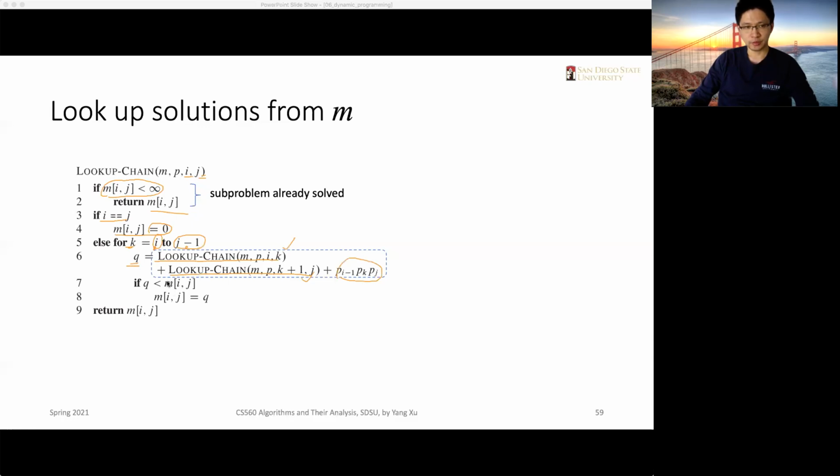If Q is smaller than the current value, then we mark Q to be the optimal solution. Eventually M[I,J] will be returned, because the input arguments are I and J. So in order to solve the original problem, we simply call the lookup chain on M, P, 1, and N.